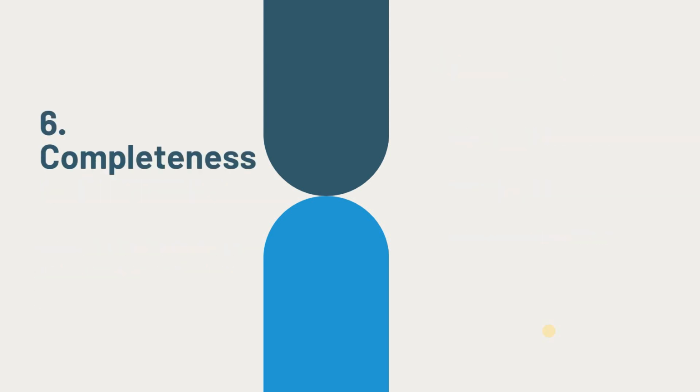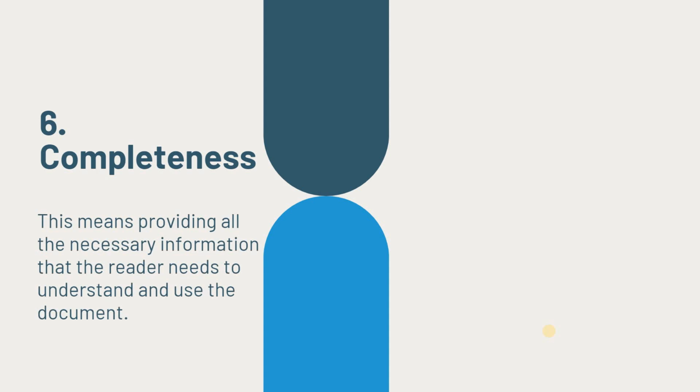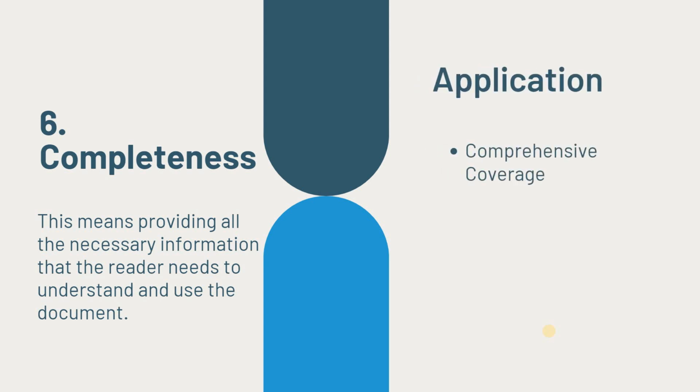The 6th C is completeness. This basically means providing all the information that the readers need to understand the document. You can give them comprehensive coverage of relevant topics, all covered in that particular document. Don't leave out critical information that the reader might need. Give them detailed instructions and explanations where necessary.